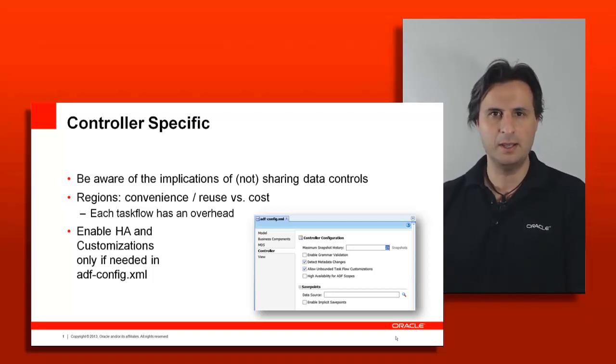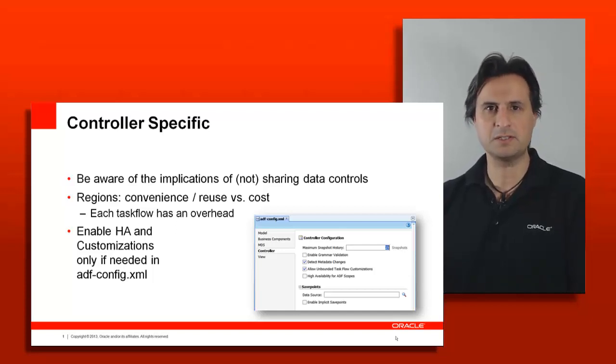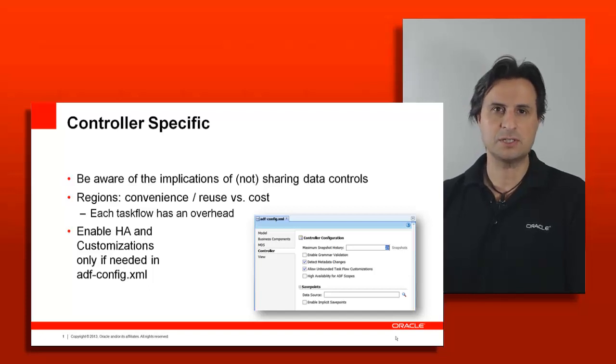Imagine 500 users on a system, and just overdoing it with isolated task flows will result in an enormous amount of database connections, which will have a performance impact. So, rule of thumb, by default always use a shared data control. Otherwise, if the use case requires it, just use the isolated data control.